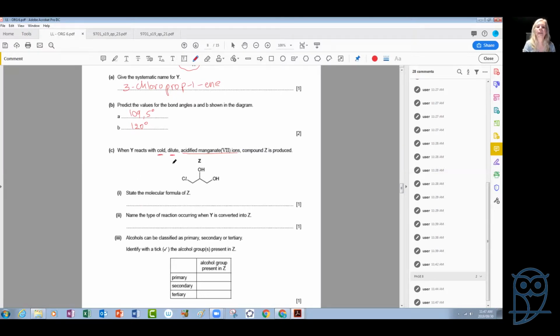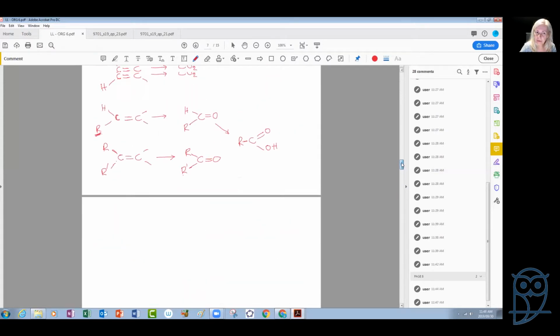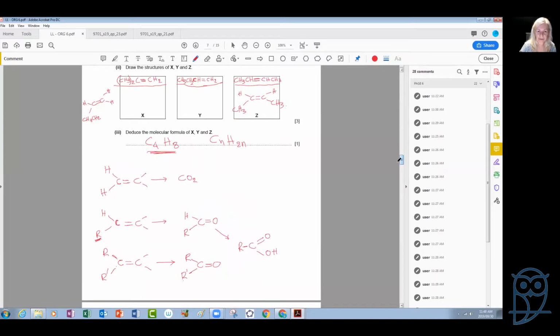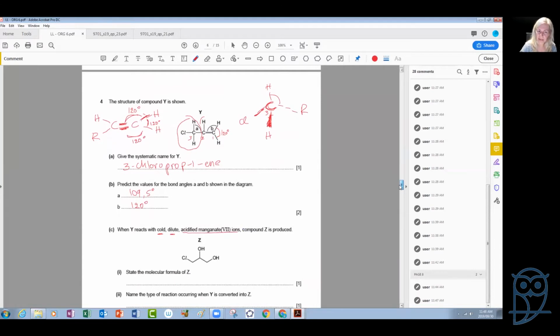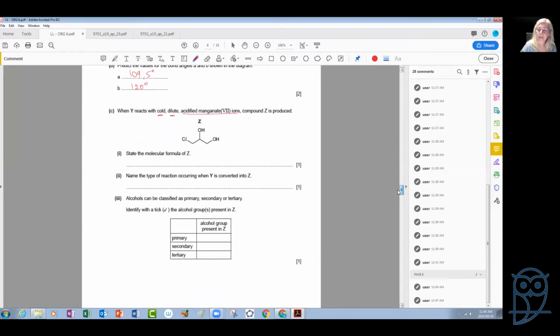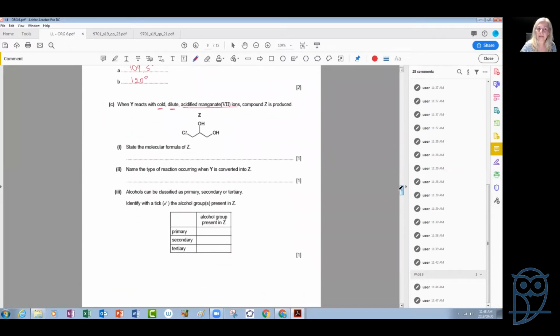Remember, last time we had hot and concentrated, and we had all these options of products. Now we have the same acidified manganate ions, but cold and dilute. When they say cold, they mean room temperature. So the product here is very different.